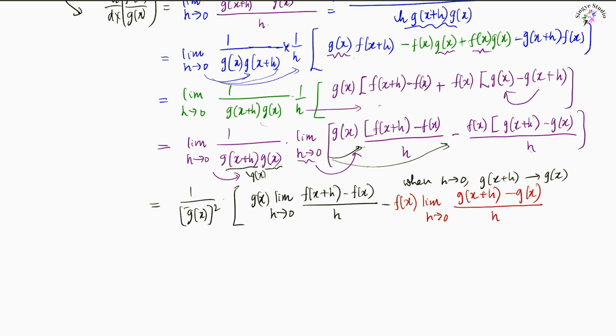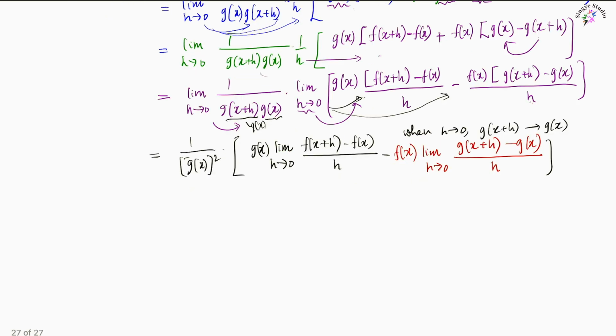upon h, right? Now with this we know that from the limit definition this expression and this expression are just f prime of x and g prime of x, and here this f of x and g of x are independent of the limit. Even if you distribute this limit here, it will remain as g of x only.